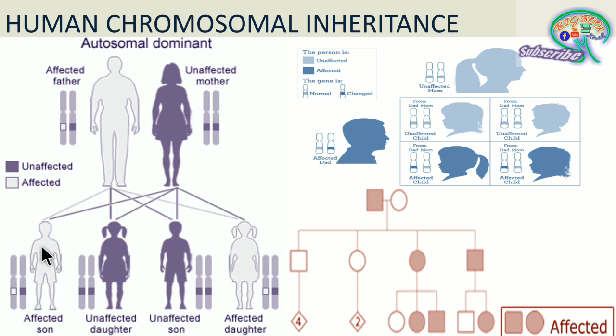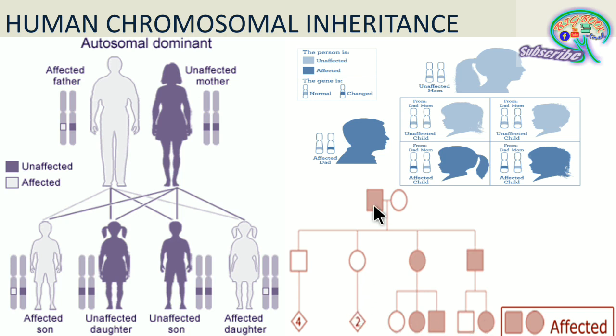But here, whichever individual is going to get affected, it is going to have an affected parent. And if you are going to see this particular pedigree, this is the autosomal dominant male. It is inherited to a daughter and son, and they are inheriting it to a daughter and son, and this son is inheriting to a daughter.